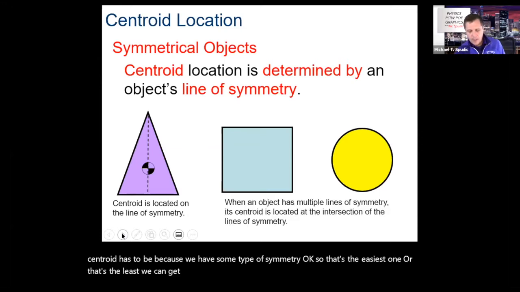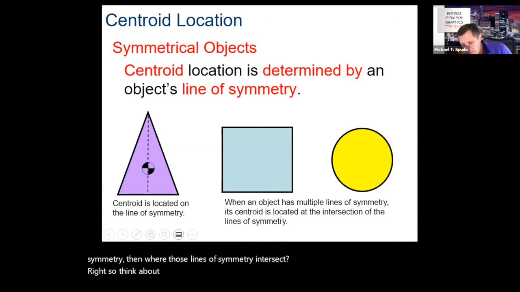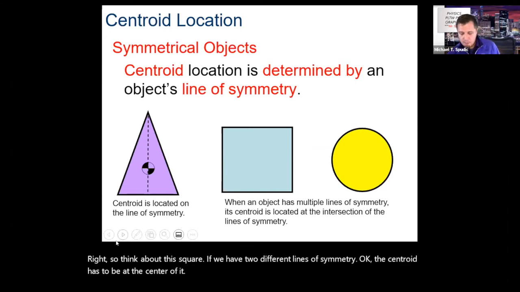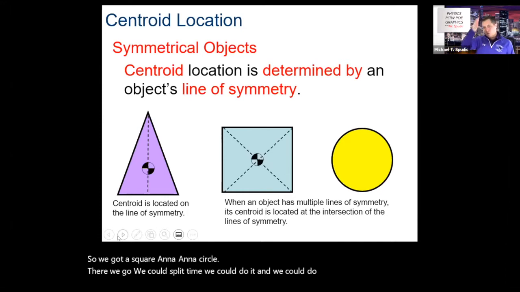Now, what about a square? If you have multiple lines of symmetry, then the centroid is where those lines of symmetry intersect. So think about this square. If we have two different lines of symmetry, the centroid has to be at the center of it. We could split it even straight down, but there's our centroid.